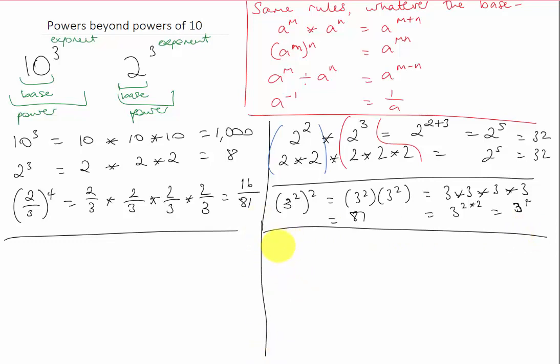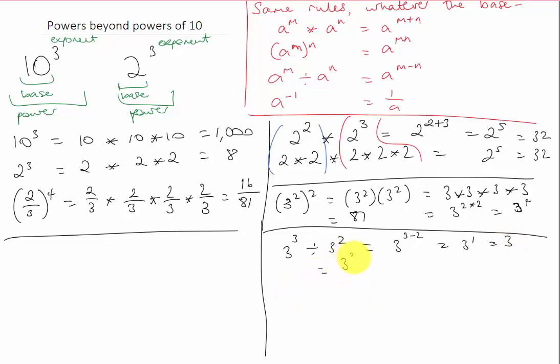How about if we've got, let's think of an example, 3 to the 3 divided by 3 to the power 2. That's the same as saying 3 to the power 3 minus 2, which is 3 to the power 1, which is 3. So let's make this into a fraction.